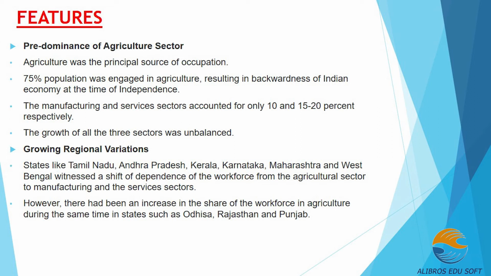However, there had been an increase in the share of the workforce in agriculture during the same time in states such as Odisha, Rajasthan and Punjab. So while Tamil Nadu, Andhra Pradesh, Kerala, Karnataka, Maharashtra and West Bengal saw a decrease in the agricultural workforce, things were upside down on the other side of the Indian subcontinent. Areas like Odisha, Rajasthan and Punjab have seen an increase in the agricultural workforce.